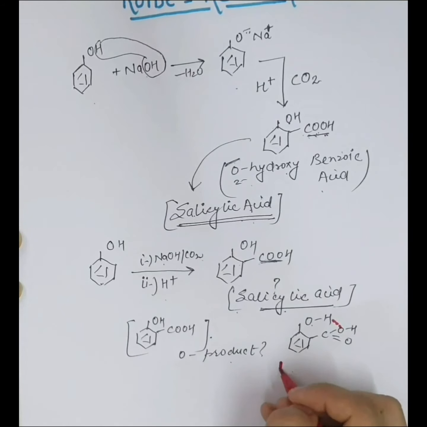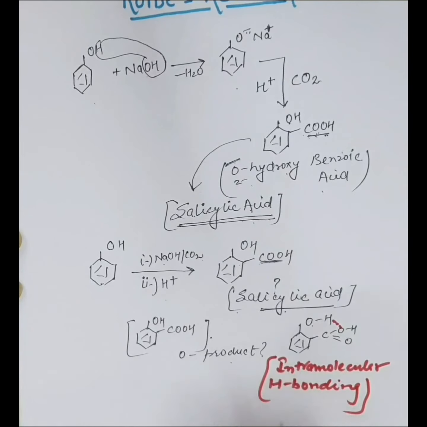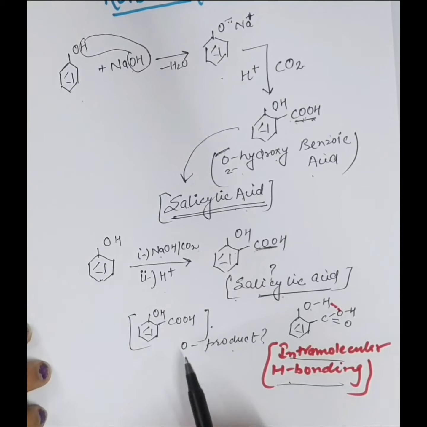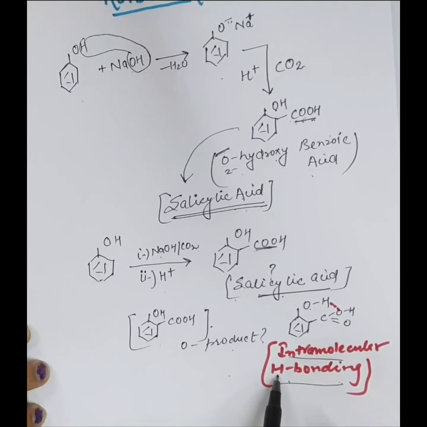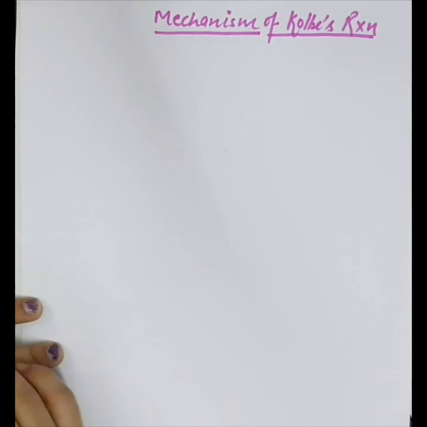So because of the intramolecular hydrogen bonding, the ortho product is the major product here. So in Kolbe reaction and in the Reimer-Tiemann reaction, in both reactions the ortho product is the major product because of intramolecular hydrogen bonding. Okay, now we will discuss the mechanism of the Kolbe reaction.